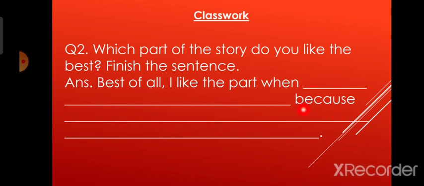Because you will write the reason why you like this part. Because everyone was enjoying the party. Because everyone was very happy. Because they had great fun. You can write any reason. Okay? In this way you will complete this sentence.